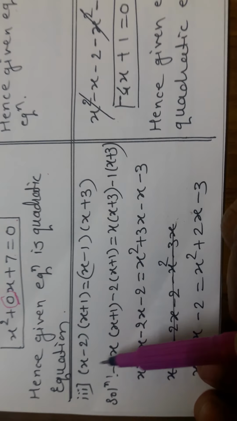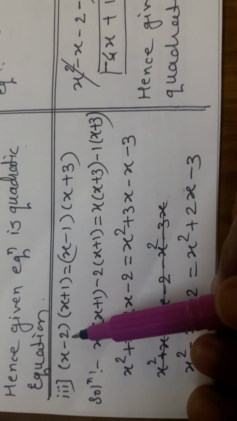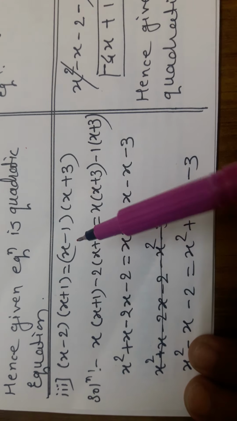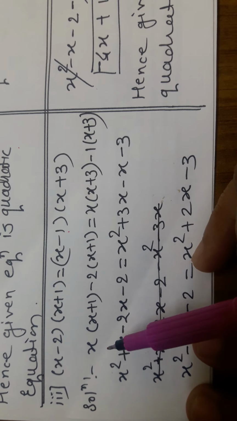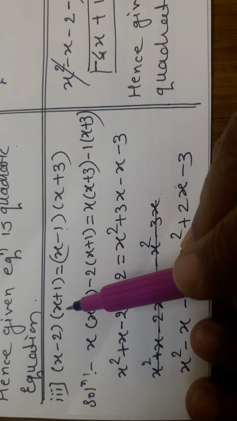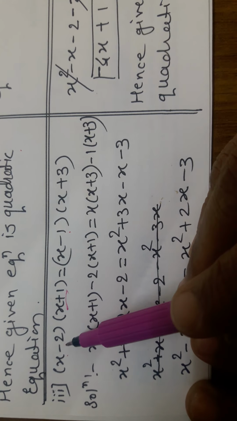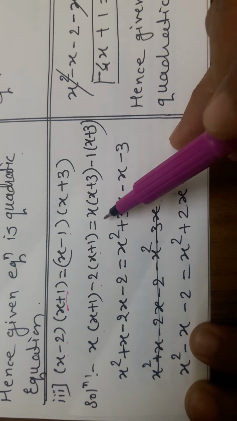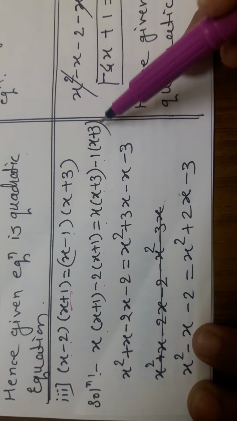Third problem, on the left hand side we have the multiplication of two brackets, x minus 2 and x plus 1. On the right hand side, x minus 1 and x plus 3. Now we will solve the brackets. We will multiply this bracket: x into x plus 1, then minus 2 into x plus 1, is equal to x into x plus 3 minus 1 into x plus 3.